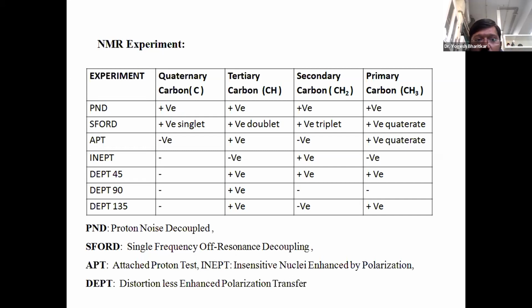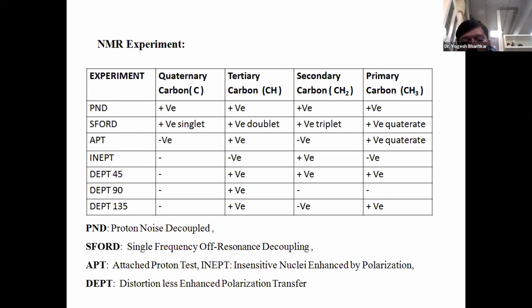Then APT, the attached proton test. Here quaternary carbons get negative signals, tertiary carbon, meaning CH, gets positive, CH2 carbon gets negative signals, and primary carbon, meaning CH3, gets positive. Here we can classify the carbons, which is CH2 and which is CH3.